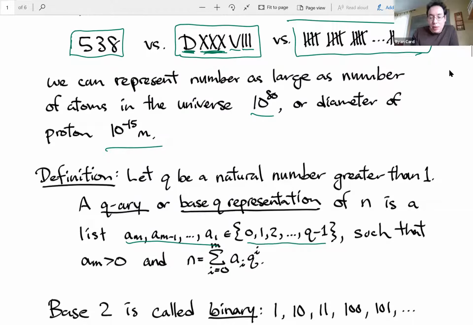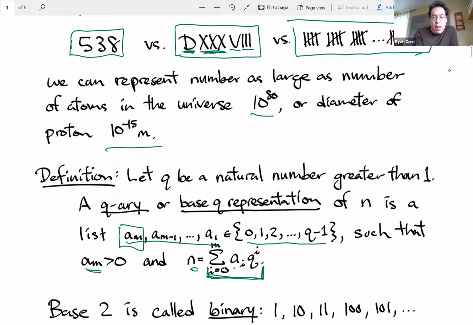There are some rules about these coefficients though. The leading digit has to be positive. So when we use a q-ary system, we don't use 0 as the leading coefficient. And how we write down our number n is going to be a sum of powers of the base.